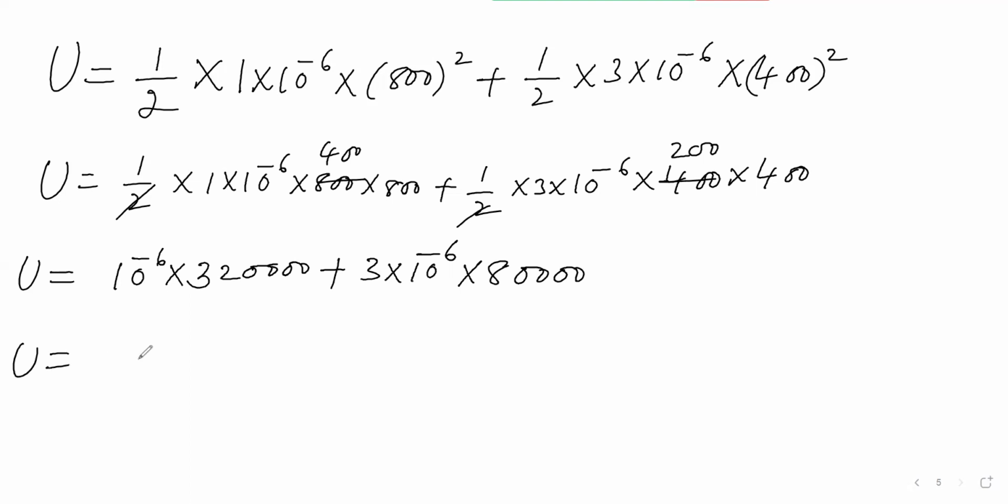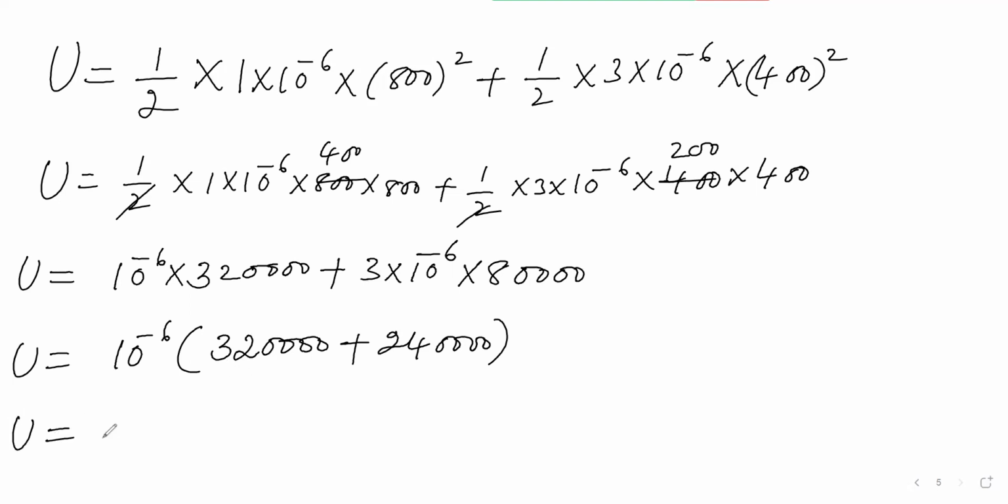I'll take 10 to the power minus 6 common outside: 320000 plus 3 eights are 24, that is 240000. Now we add together: 32 and 24 is 56, so 560000 into 10 to the power minus 6.